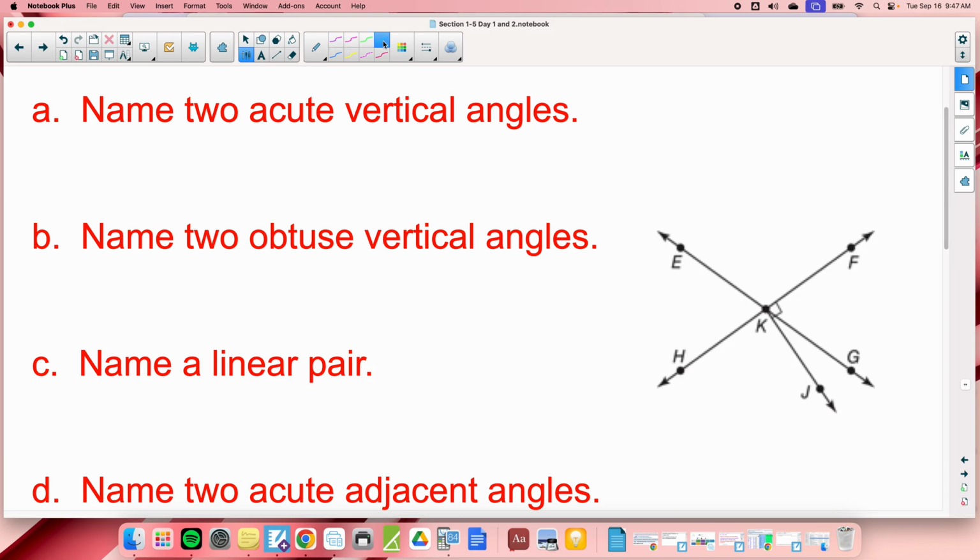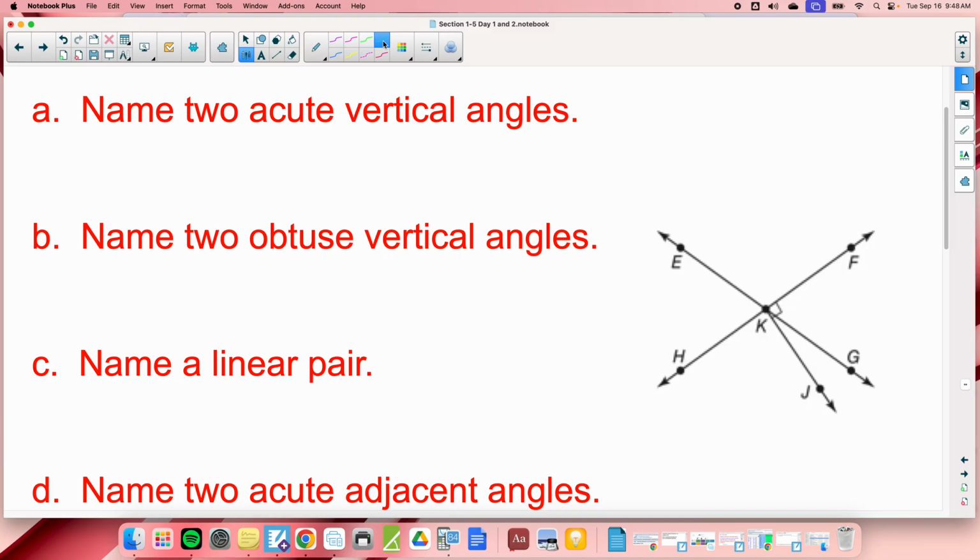Acute means what? Less than 90, okay? So here's what we want. We want two straight lines that intersect, and we want two angles across from one another that both look like they're less than 90. Yeah.